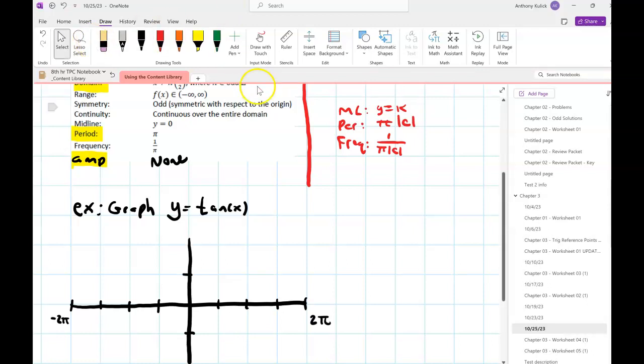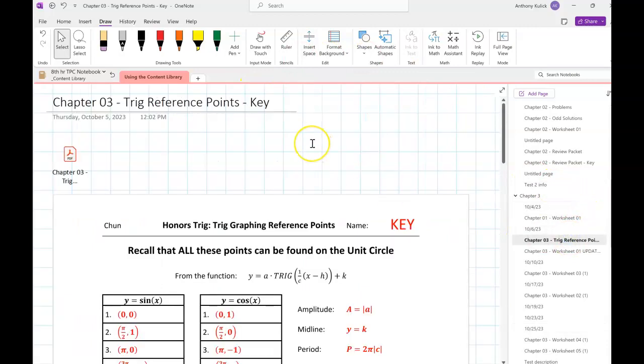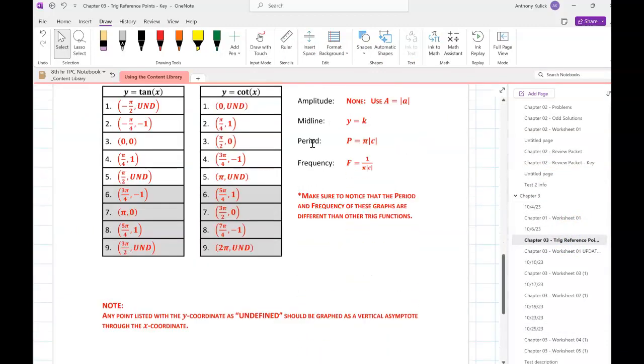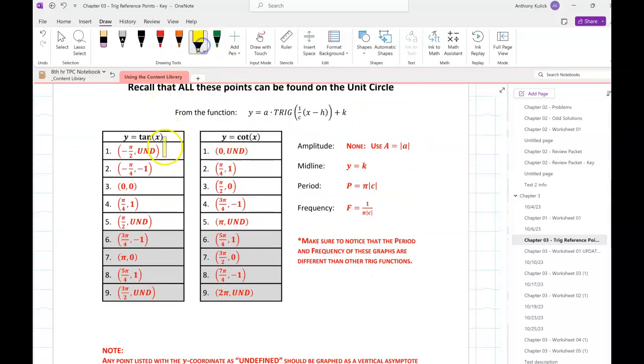If I was going to graph regular old tangent, I'm going to go to my reference point sheet, scroll down to the tangent part, and grab the 5 points for tangent. Notice that at negative pi over 2 and positive pi over 2, the function is undefined, just like we mentioned earlier when we looked at the domain.